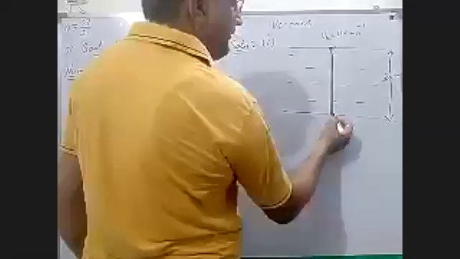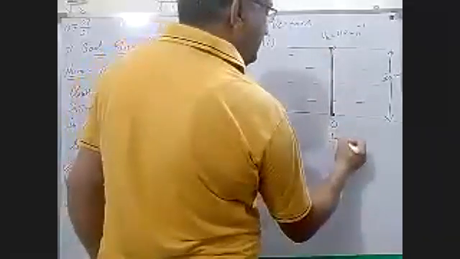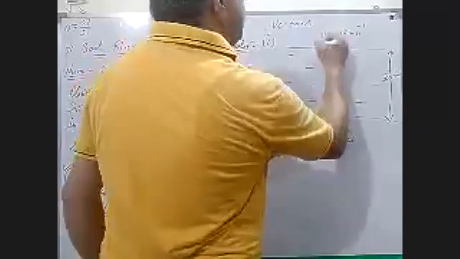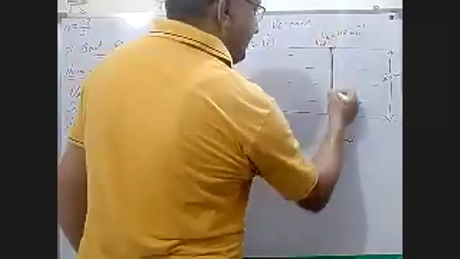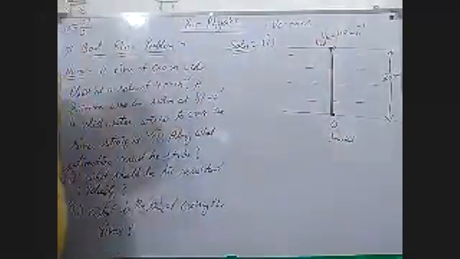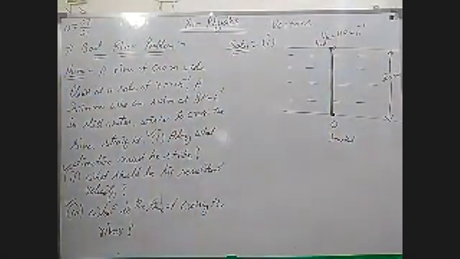This is initial and this will be the final. And its velocity? Swimmer velocity 8 kilometers per hour.